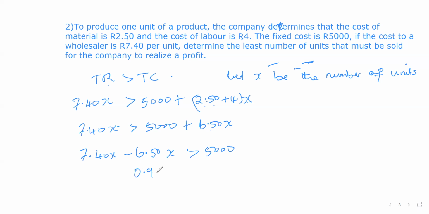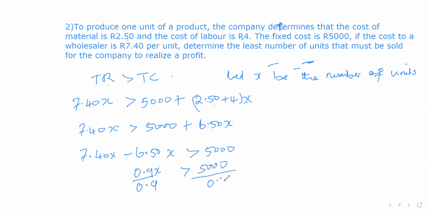I don't have my calculator here, so if it's not 0.9, you can quickly calculate. Let me just quickly do this: 7.40 minus 6.50. Yeah, it's 0.9, correct?